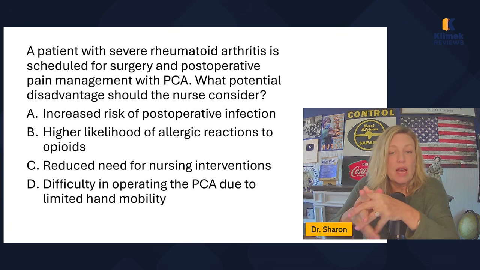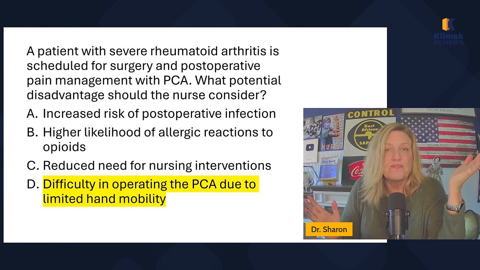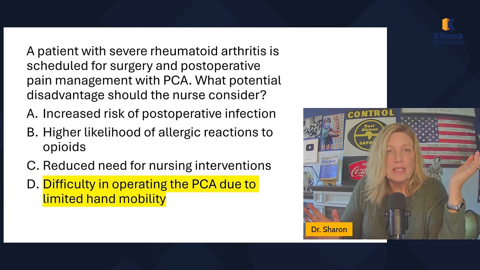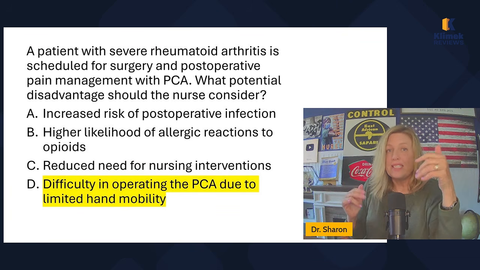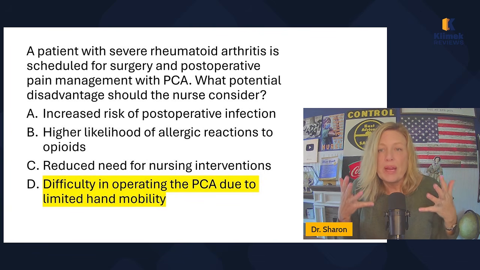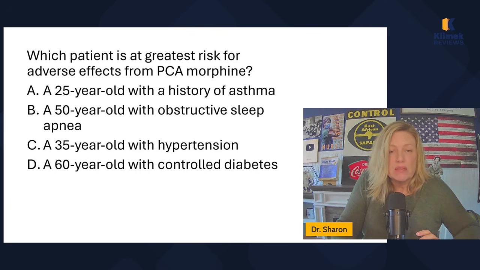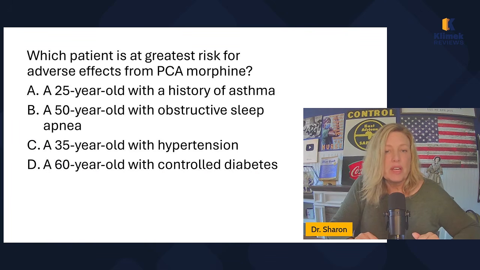Could they have difficulty operating the PCA with limited hand mobility? Yes, it's the only answer that makes sense. I know it's not rocket science, but sometimes the questions that are least difficult cause us the most angst because we go, wait a minute, that's too easy. Maybe I'm missing something. You're not missing anything, y'all. That's the right answer. Which patient is at greatest risk for adverse effects from PCA morphine?